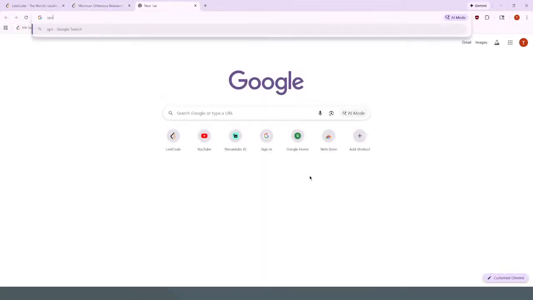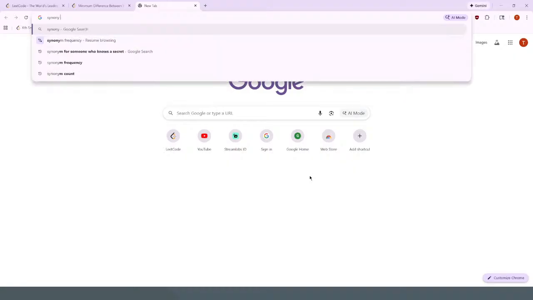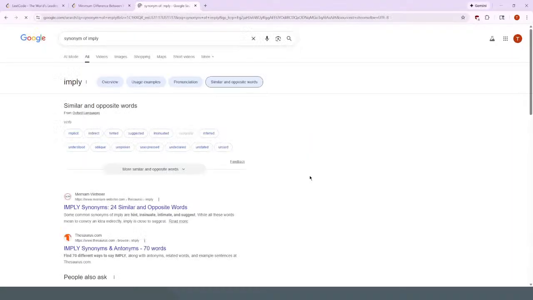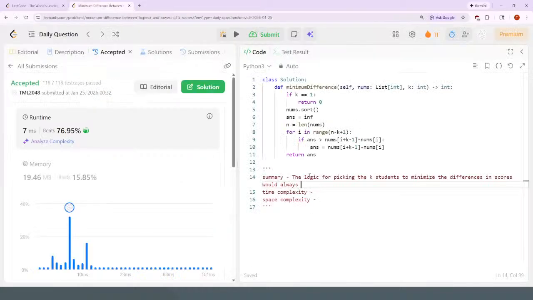Synonyms of imply: would always suggest, not deduce, not infer, entail.